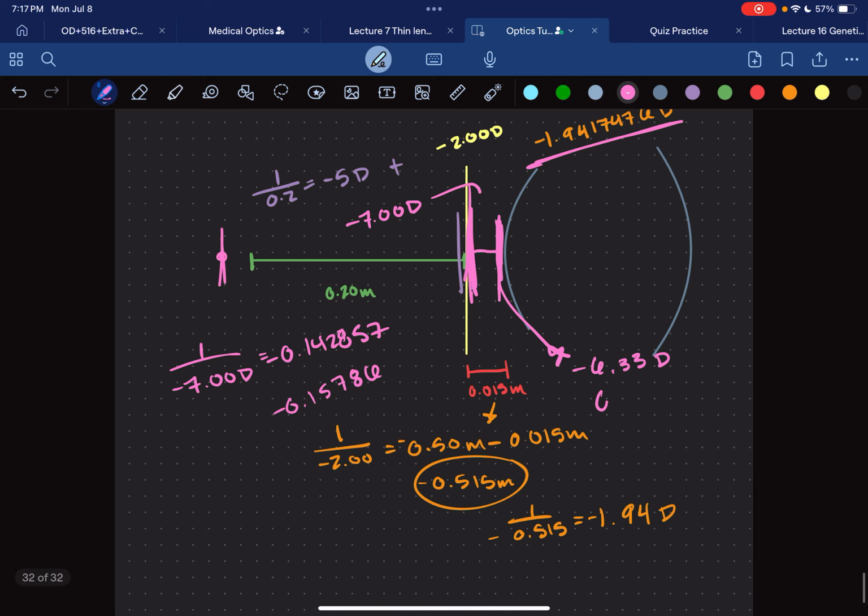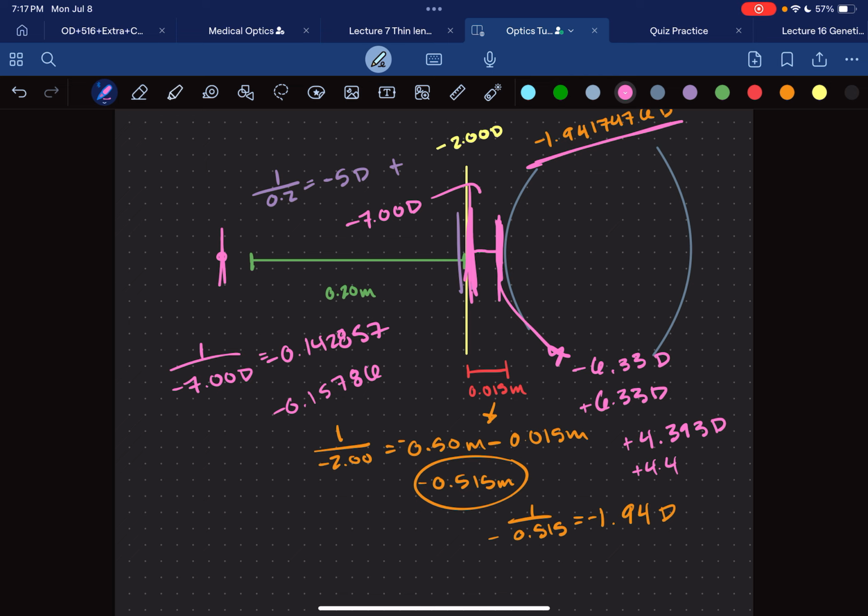So normally it would be 6.33 diopters of accommodation, but we're going to subtract that 1.94174, and that will give us what the eye is actually going to accommodate at that corneal plane, which is positive 4.4 diopters, or 4.393.